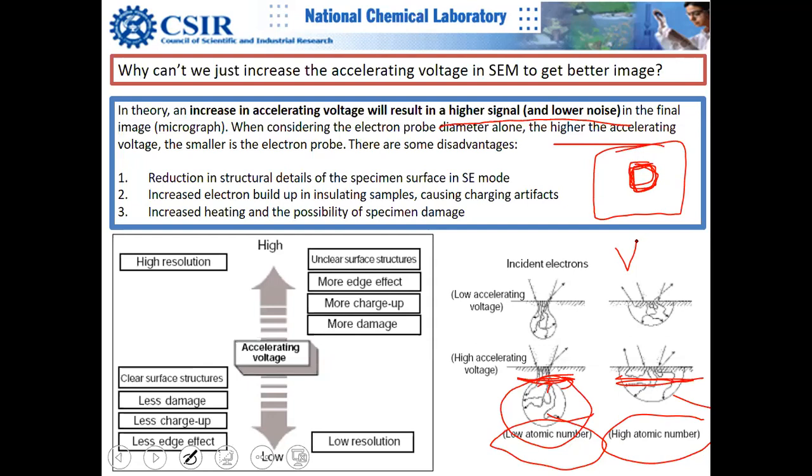In a field emission source, your beam size becomes smaller, and you are pumping more electrons and keeping the energy the same. So your flux has gone up, and your sampling has gone up without increasing the probe area and stuff like that. We'll discuss these issues in coming slides also.